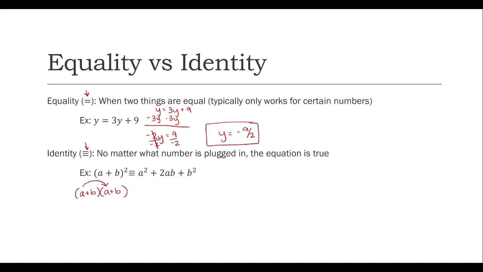And when you distribute that, you get a squared plus ab plus ab plus b squared. And when you combine your like terms, these ones right here, you get a squared plus 2ab plus b squared. So you can see this is the same as the right side of the equation. So no matter what you put in for a or b, the statement will still be true.